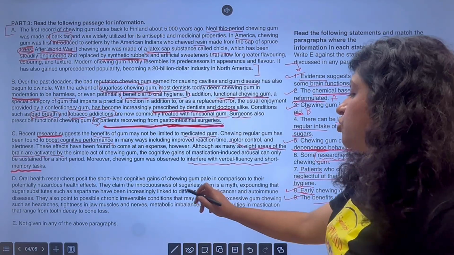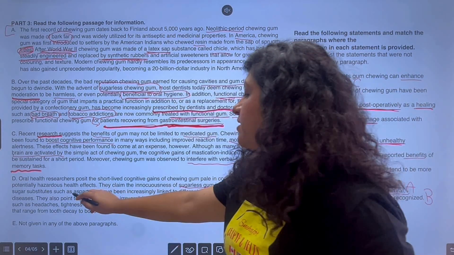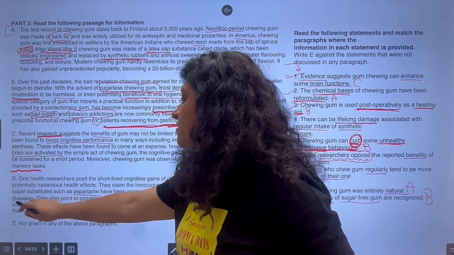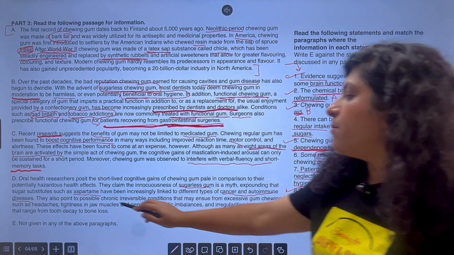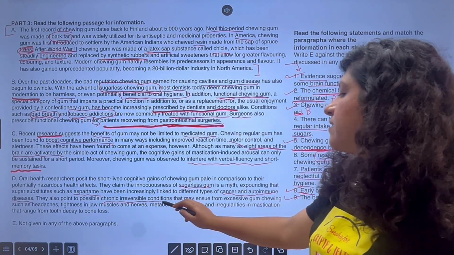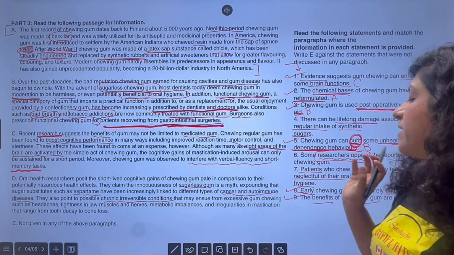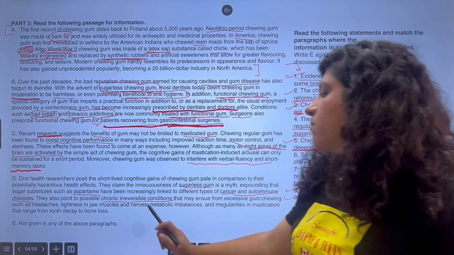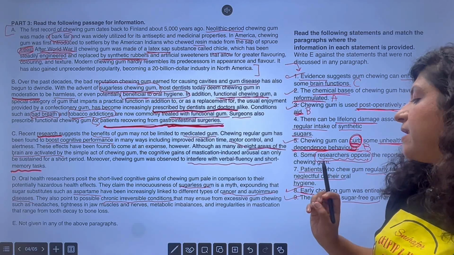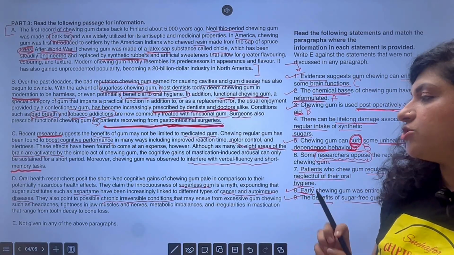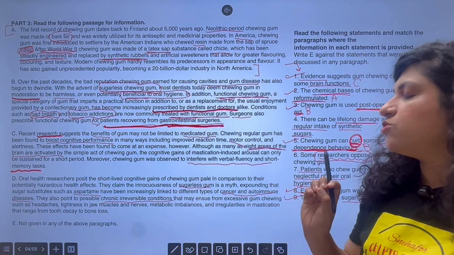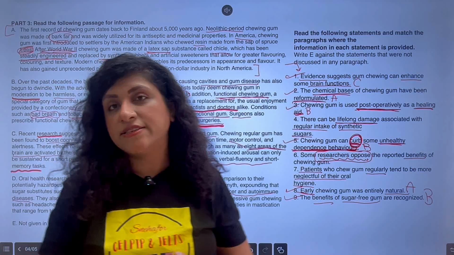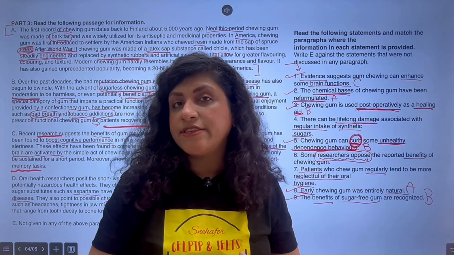That means sugarless gum which has aspartame is linked to cancer, autoimmune diseases.